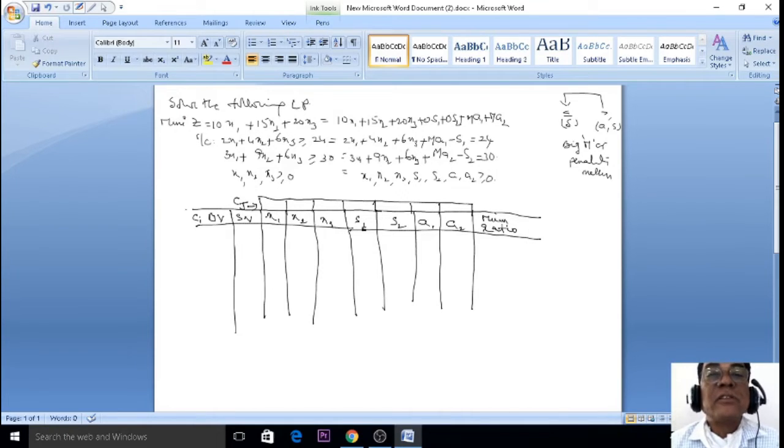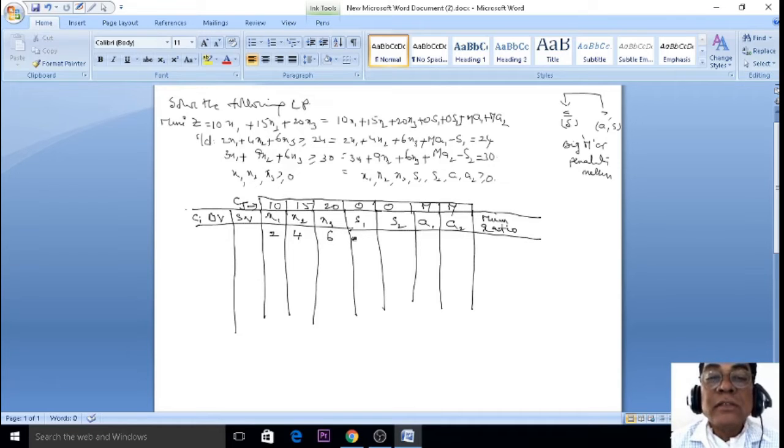See the first values, top values, objective function: 10, 15, 20. So write down 10, 15, 20. So this is 0, 0, M, M. Now come to the first equation. Enter the coefficients: 2, 4, 6.